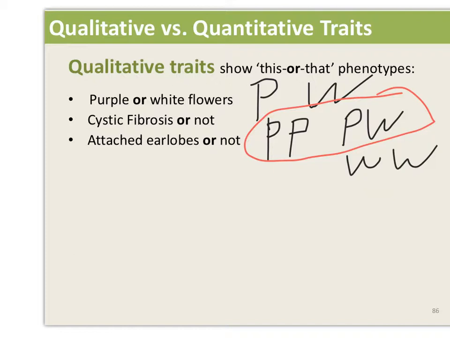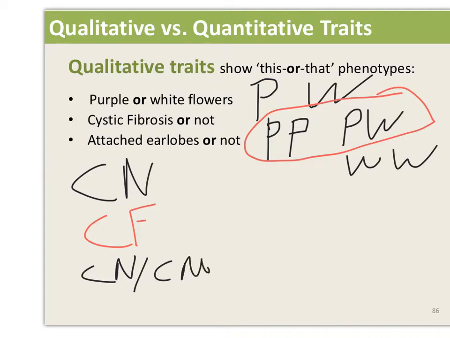Okay, so there's the normal allele, and we'll call that CN, and then CF is cystic fibrosis. So we'll have CN CN, CN CF, and CF CF.